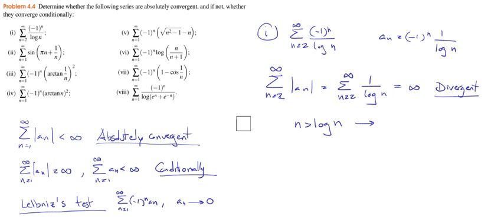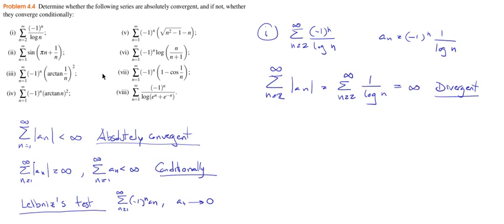For n greater or equal than 2, which is the interval that we're interested in, n is greater than the logarithm of n, which means that 1 over the logarithm of n is greater than 1 over n. But the series of 1 over n is divergent, so this implies that the series of 1 over the logarithm of n is divergent as well, using the comparison test. So this series is not absolutely convergent.